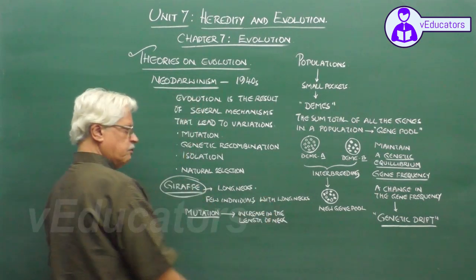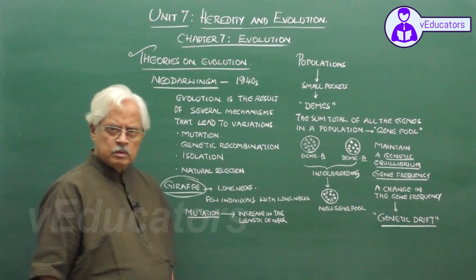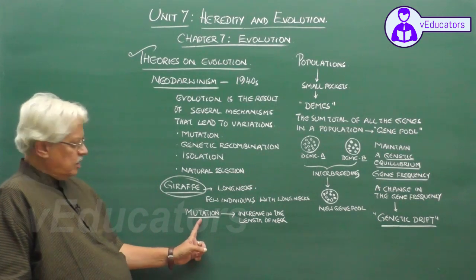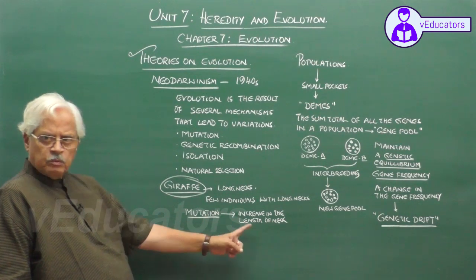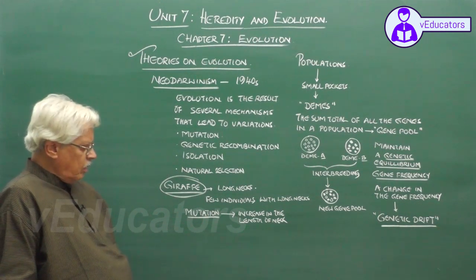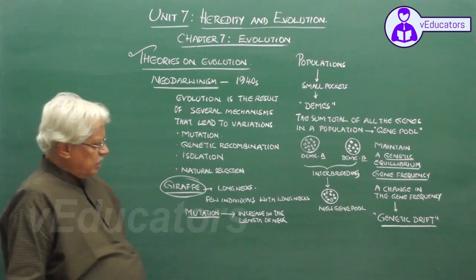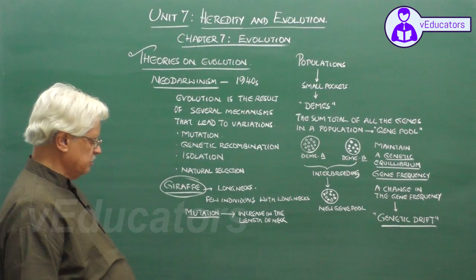So how did a few giraffes have long necks in a population? According to mutation theory, it was the result of mutation. Therefore, natural selection operated and these individuals survived.